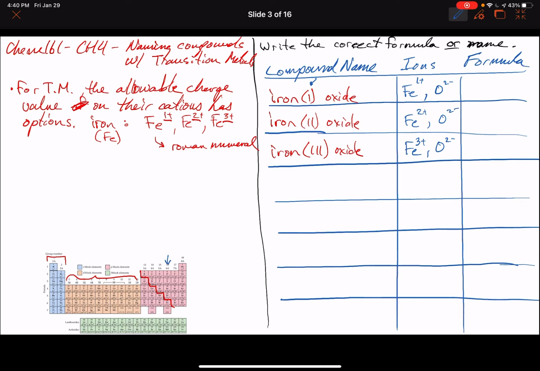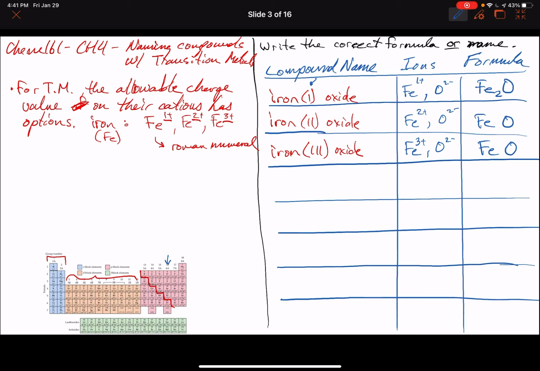And so with this information now we can list the formula for the compound. We can do our exercise of populating the subscripts to make sure that we are neutralizing the overall charge value. So clearly these are all going to be Fe and O ionic compounds in their formula, but the subscripts are going to distinguish them from one another. In the first example, we will need 2 iron 1+ to balance the 2 minus charge that we have on oxygen. For the next example, since there is a twofold charge on iron and that is matched in the negative direction by the 1 oxygen, we only need 1 of each.